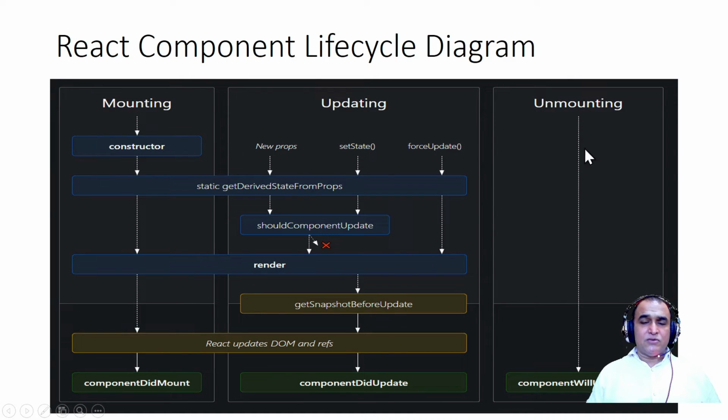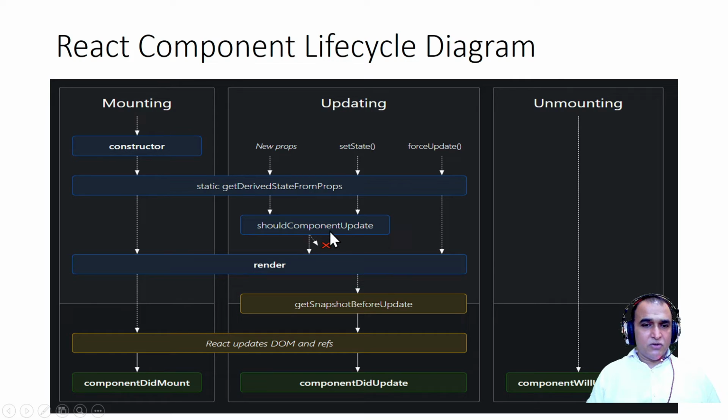Now this is the last slide, to display the overall life cycle of your component. We have the mounting phase, the updating phase, the unmounting phase. In the unmounting phase we have a single method, componentWillUnmount. In the mounting phase we have a constructor, then getDerivedStateFromProps, which executes in mounting and updating also.